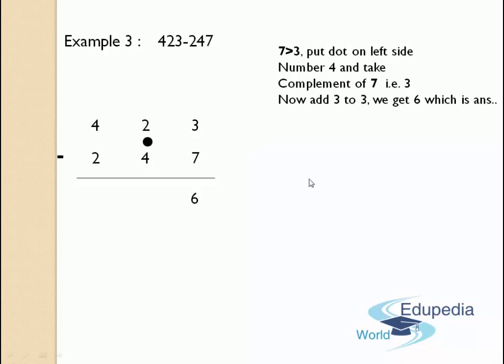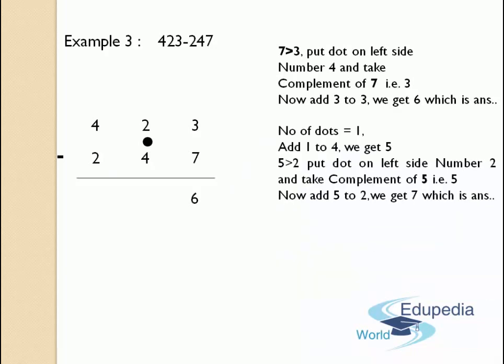After moving to the tens place, you count how many dots are there in the column. Here the number of dots is only 1. Now you add that number to the 4. You will get 5. Again, we have to compare the digits in the minuend place and in the subtrahend place.